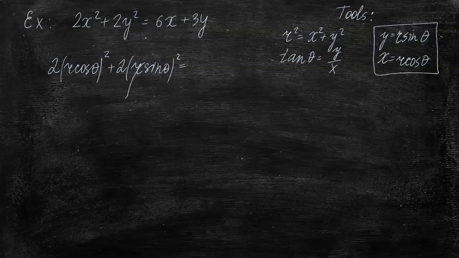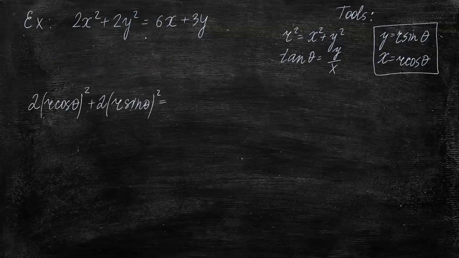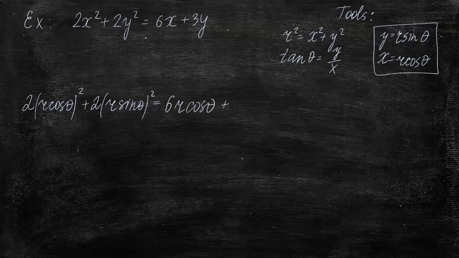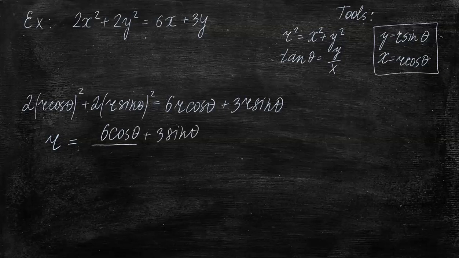6 times r cosine theta plus 3r sine theta, and after reduction we get rid of r, so the only r we have is on the left side, and we can factor it out, and we have 6 cosine theta plus 3 sine theta, all that divided by 2 cosine squared theta plus 2 sine squared theta.